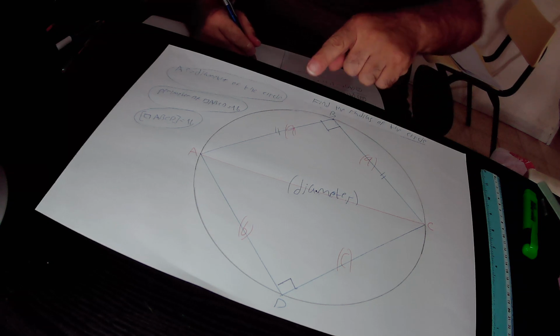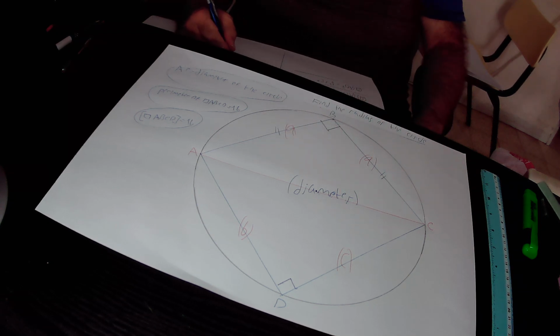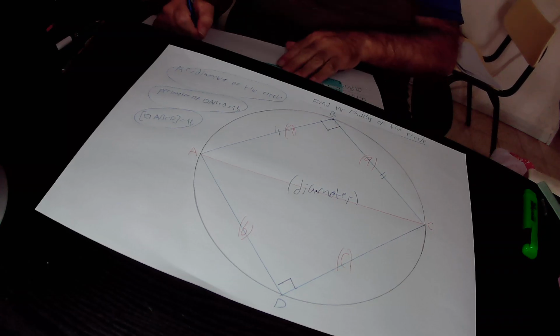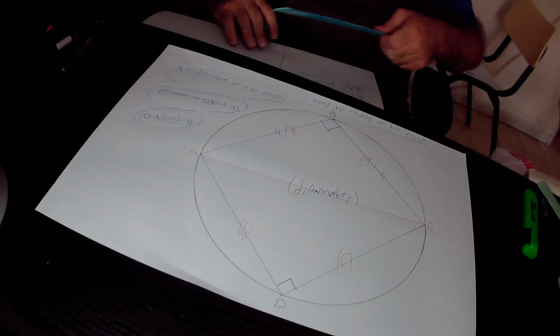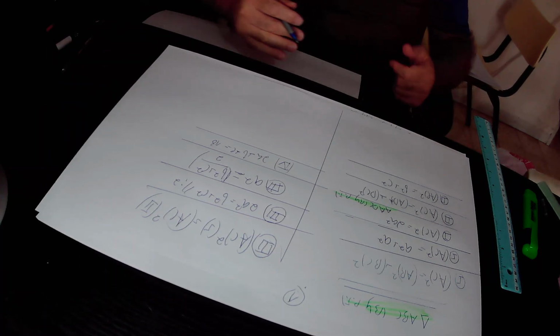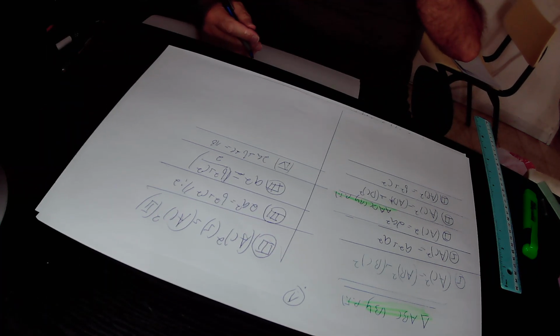So 2A plus B plus C in total is equal to 18 according to what is given in the question. Let's read again. According to equation 4, it is given in the question that the perimeter of quadrilateral ABCD equals 18 units, that is to say 2A plus B plus C equals 18.